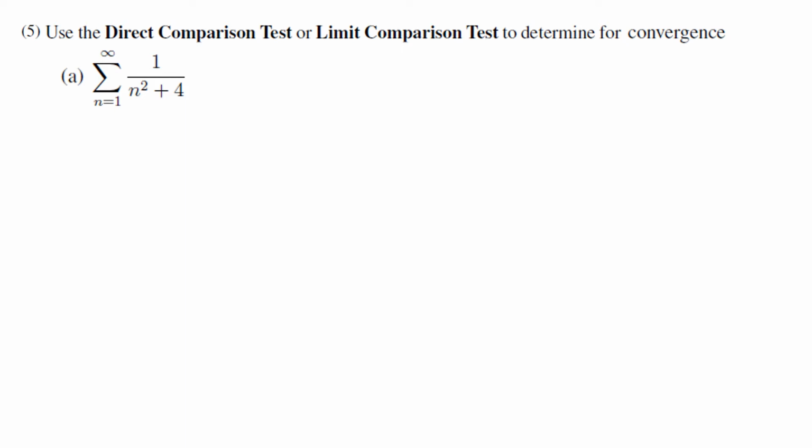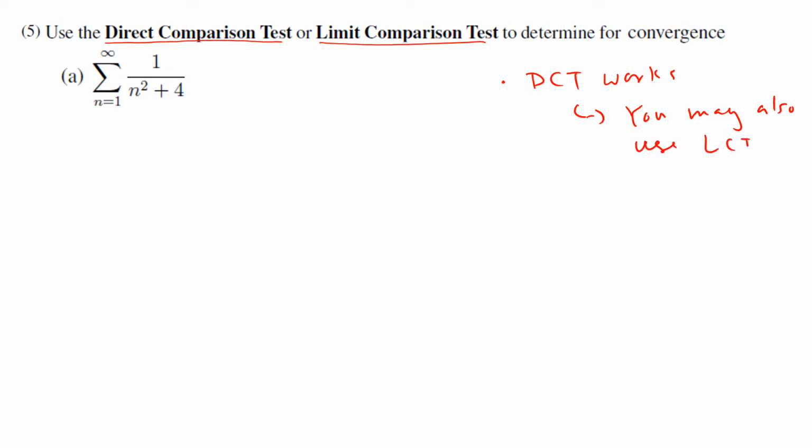The problem is asking us to use the direct comparison test or the limit comparison test. You can use one of those tests. We know that for any problem where the direct comparison test works, the limit comparison test also works, but not the other way around.